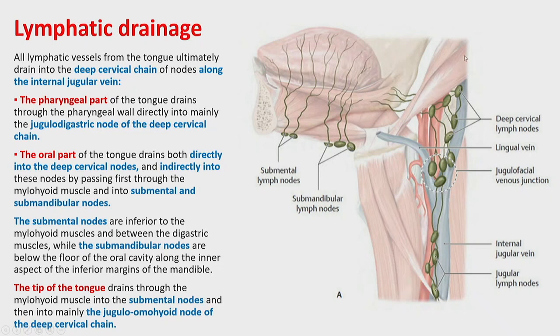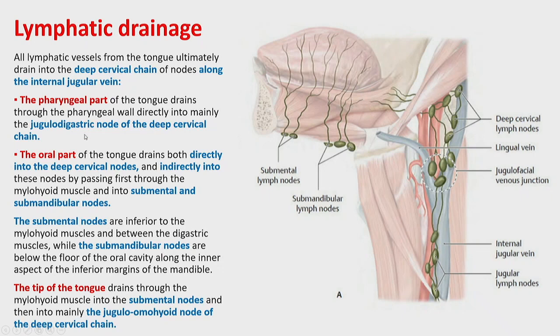Posterior belly of digastric muscle. So that's why this lymph node is called the jugulodigastric lymph node, because it's the place where the internal jugular vein crosses over the posterior belly of the digastric muscle. It has a clinical name which is called Kuttner lymph node. It's extremely important for the maxillofacial surgeon here.